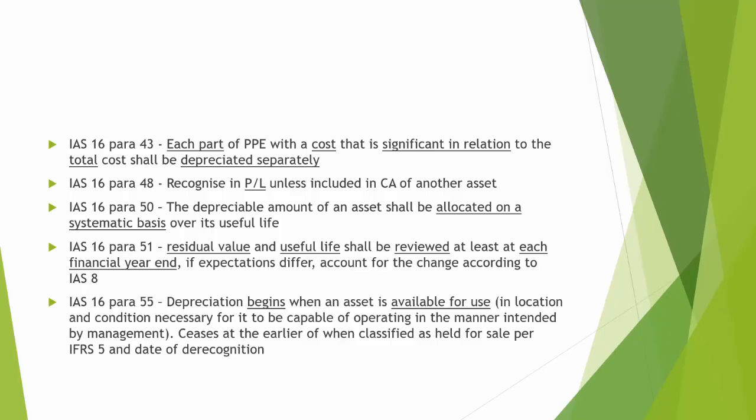So linked to when we stop capitalizing our costs, after we stop capitalizing, we need to begin our depreciation, and we will stop depreciating either when it's derecognized completely, or if we end up classifying it as held for sale. We will be covering non-current assets held for sale in week 6 of our course this year, where we will discuss the principles of what happens when an asset is classified as held for sale.